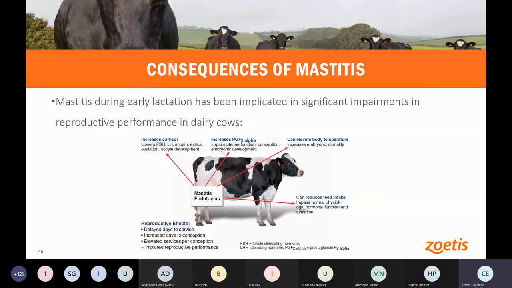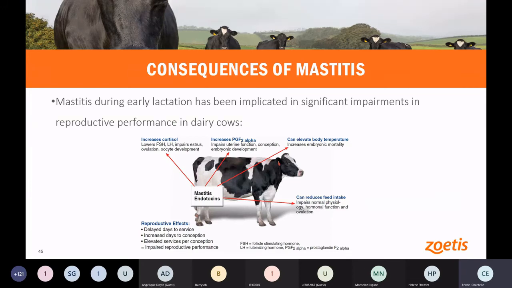It can impair estrus, ovulation, oocyte development. Then it can increase your PGF2 alpha. And if you remember from repro, your PGF2 alpha causes corpus luteum to break down. Corpus luteum secretes progesterone, which is important to maintain a pregnancy, right? So that, in effect, can hamper conception as well as embryonic development.